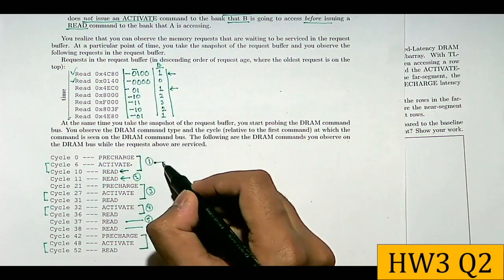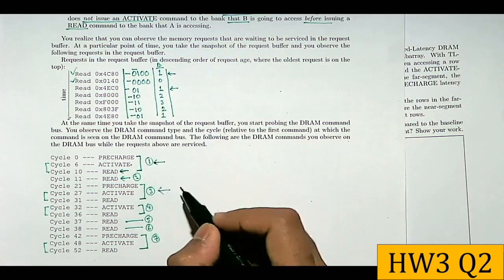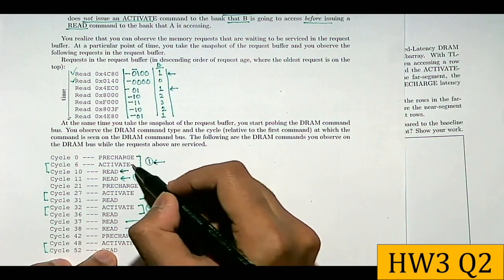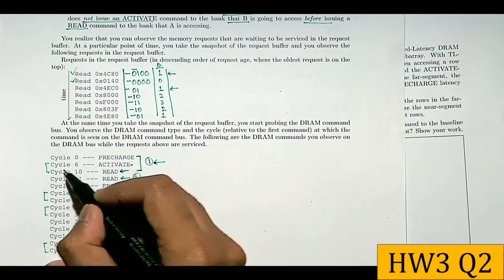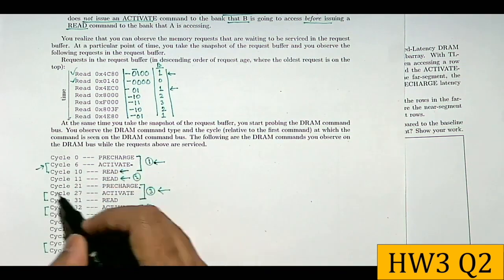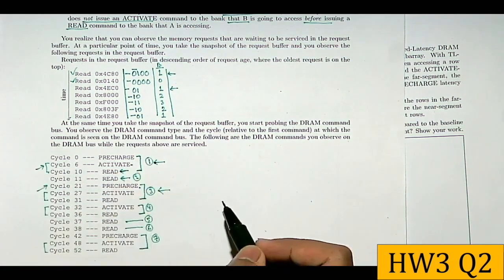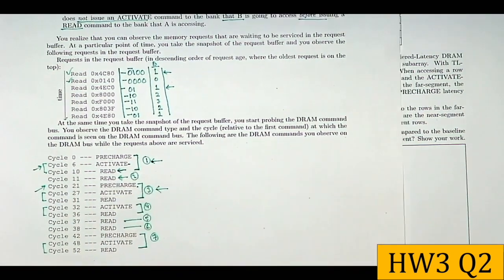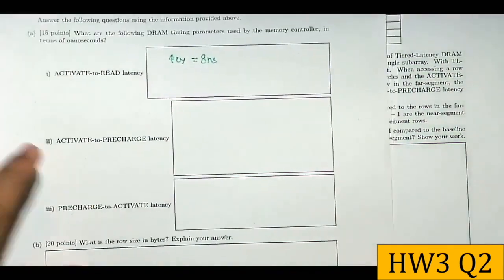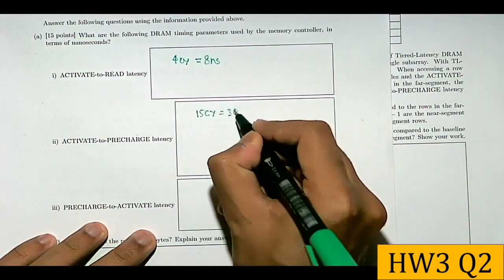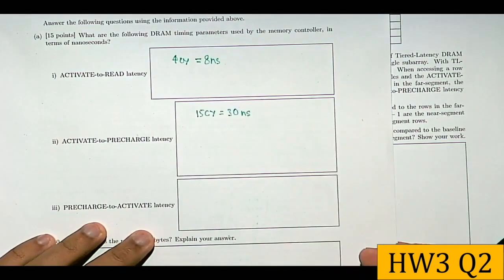So you should be worrying about the activate to pre-charge latency between these two cycle counts. So cycle number 6 and this is cycle number 21. Does that make sense? So that gives us a cycle difference of 15 cycles. 15 cycles translates to 30 nanoseconds. Does that make sense?